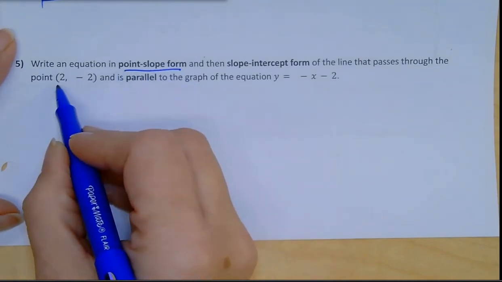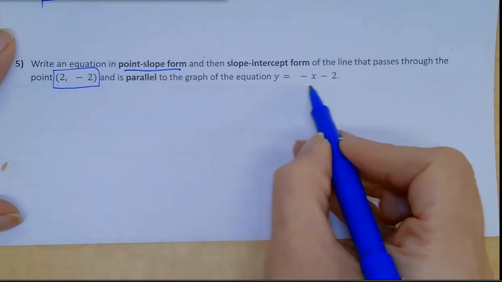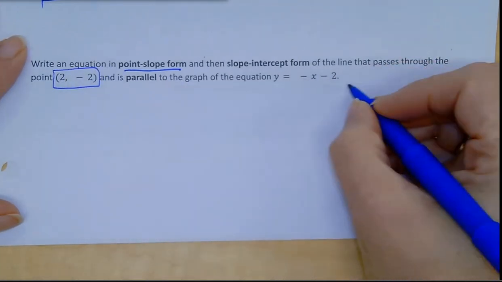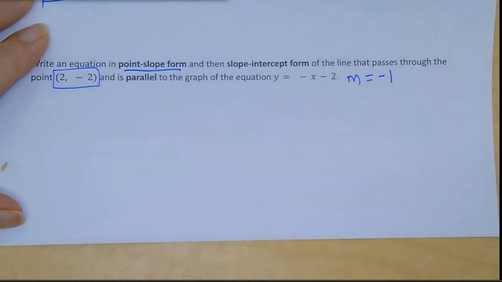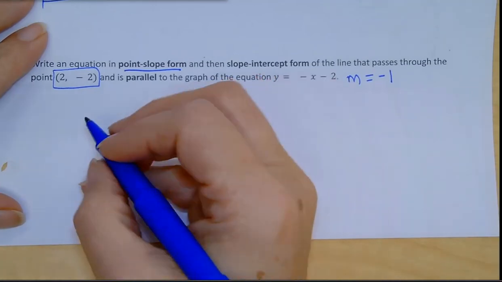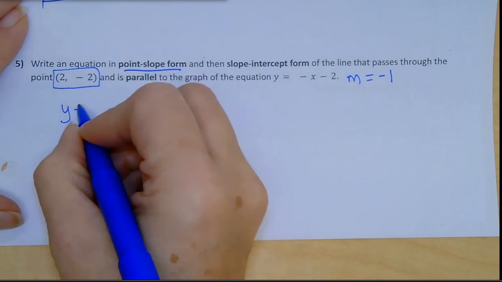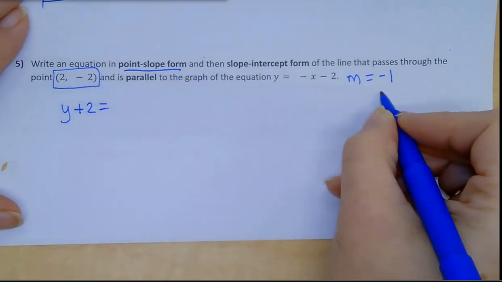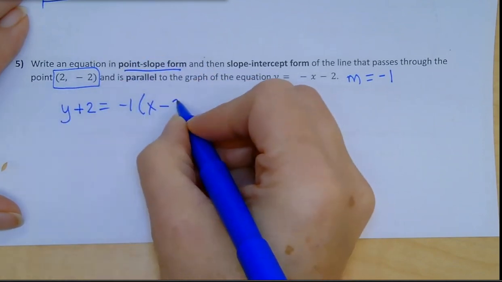We have a point right here, and it needs to be parallel to this. So my slope that I need to be parallel to is negative 1. So I need my slope to be negative 1 also, right? Parallel is same. So if I write this as y minus y sub 1, that's going to be y plus 2 equals my slope, negative 1 times x minus x sub 1.